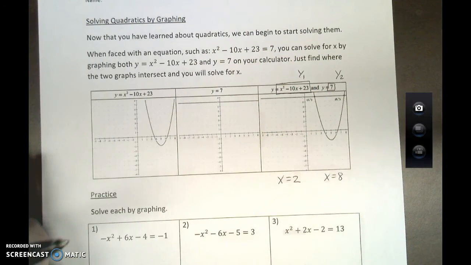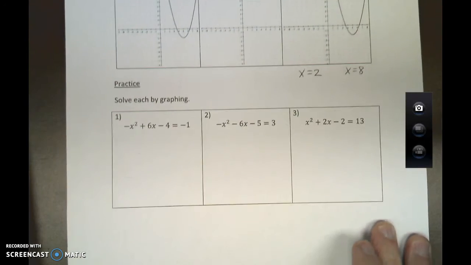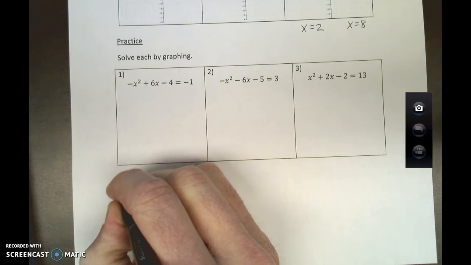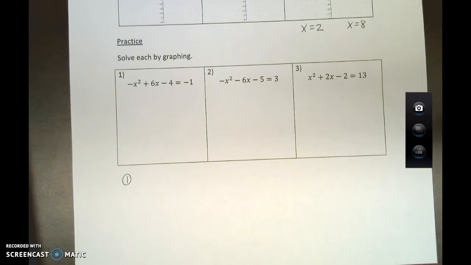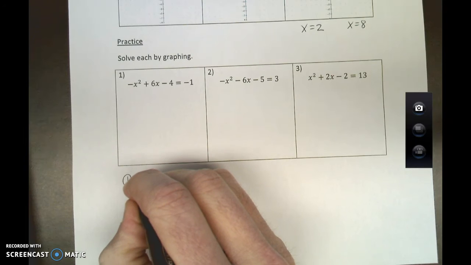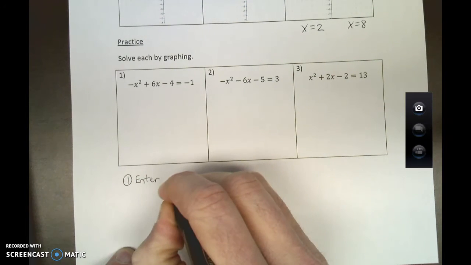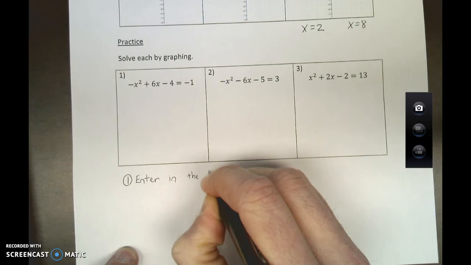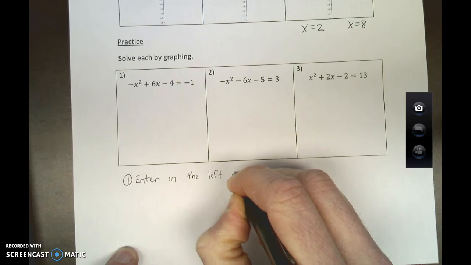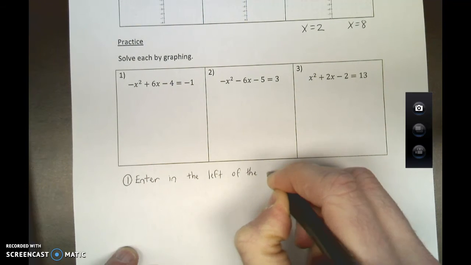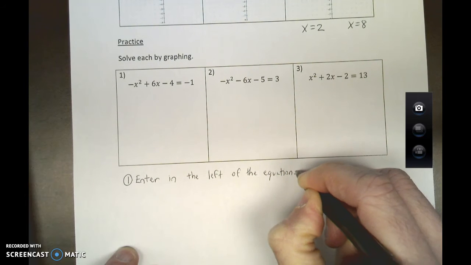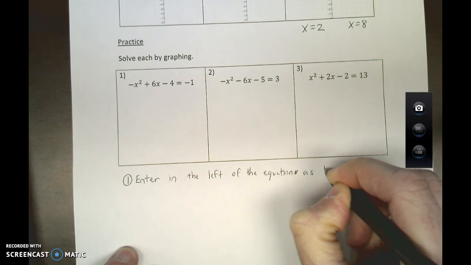So let's write down those steps that we can practice on these ones below. So I'm going to write the steps underneath. The first step is enter in the left side of the equation as y1.